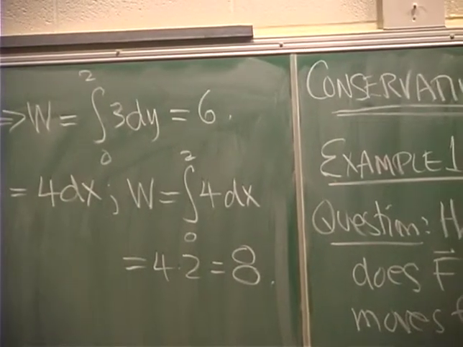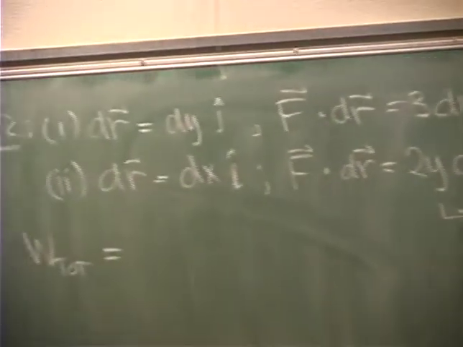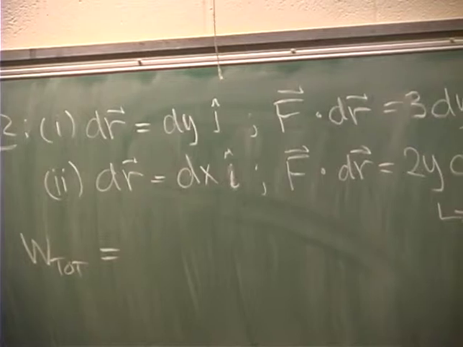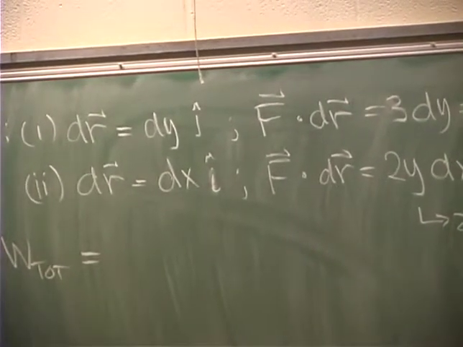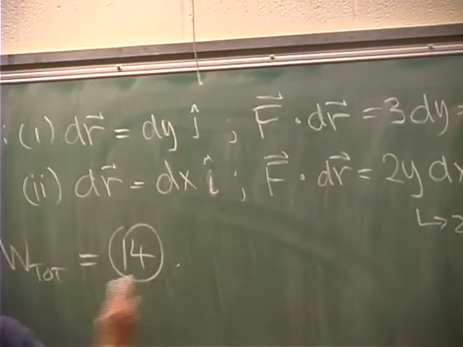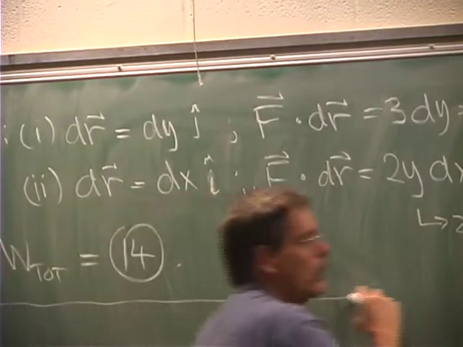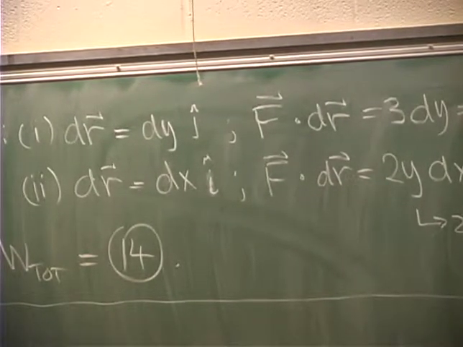What's the total work done to go from the origin out to the point B if I go by route 2? Then 14, huh? 6 plus 8, 14. That's not the same. Moral of the story?